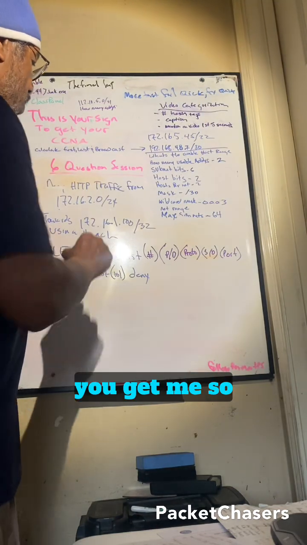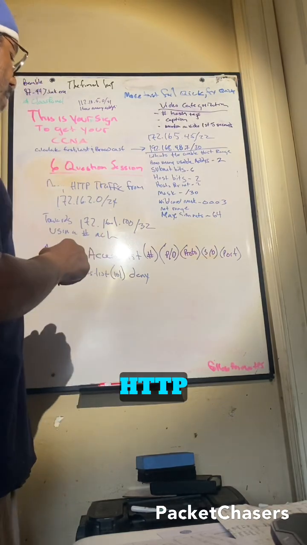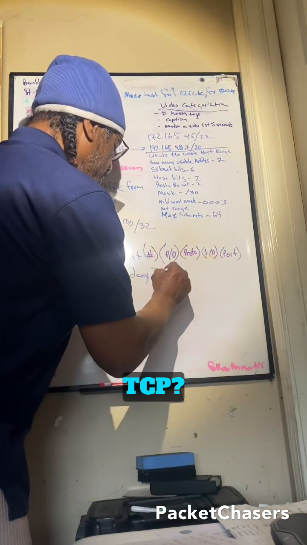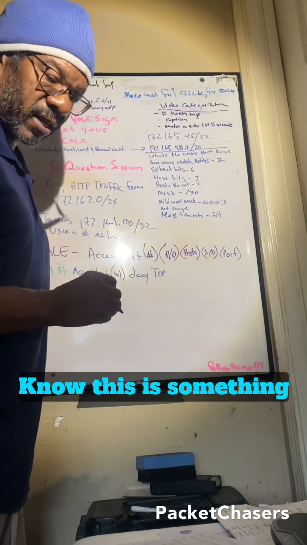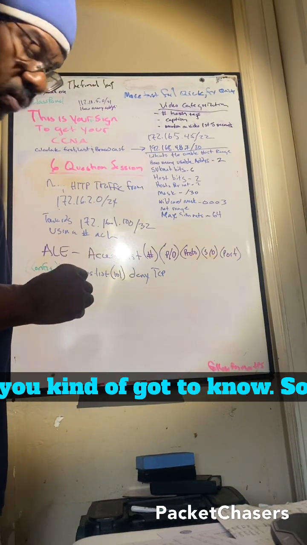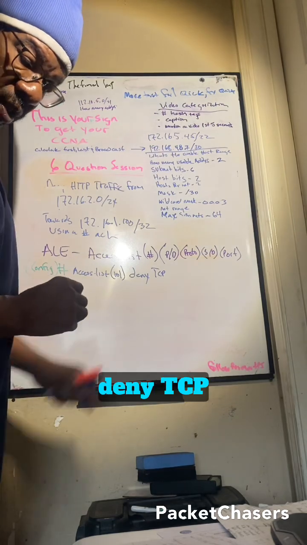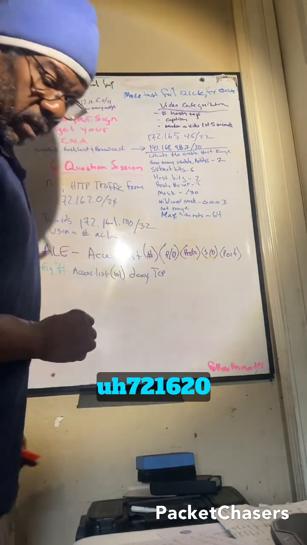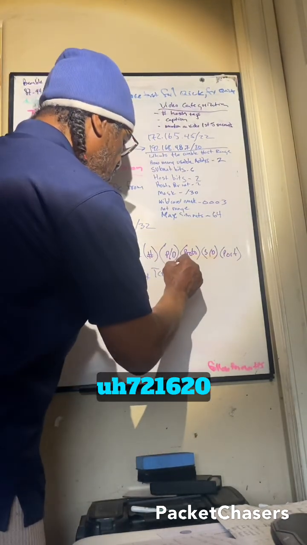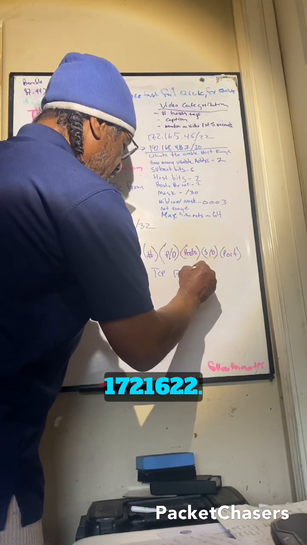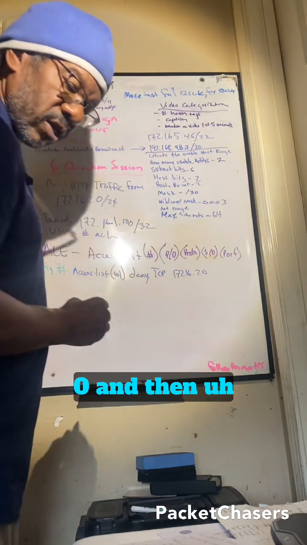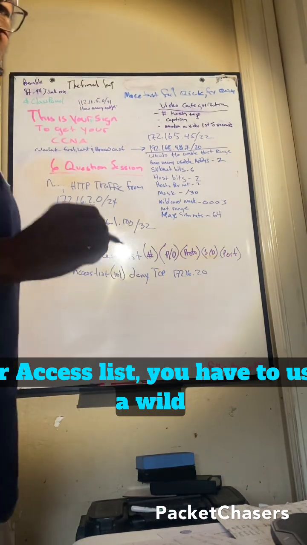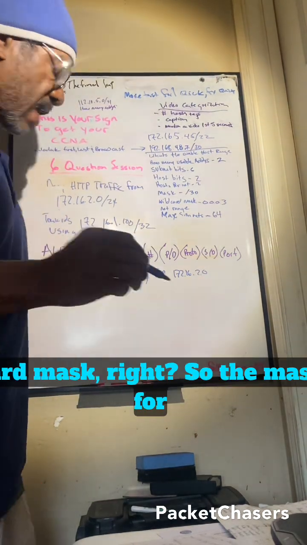So HTTP, which falls under TCP. That's why this is something you kind of got to know. So deny TCP from 172.16.2.0, and then for an access list, you have to use a wildcard mask, right?